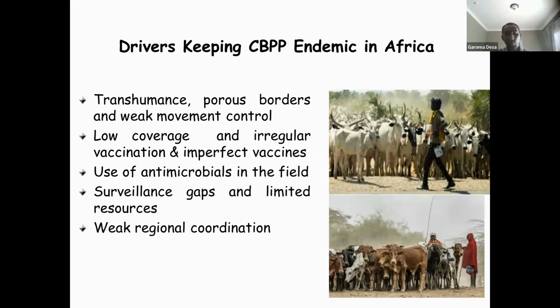But to maintain this regularity, we do not have enough vaccine. So this results in low coverage and irregular vaccination. And there are also imperfect vaccines. Sometimes we see post-vaccine reactions, which decrease the community's trust in us and also affect the effectiveness of the ongoing CBPP control program.